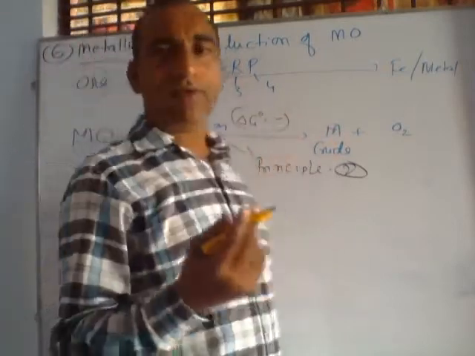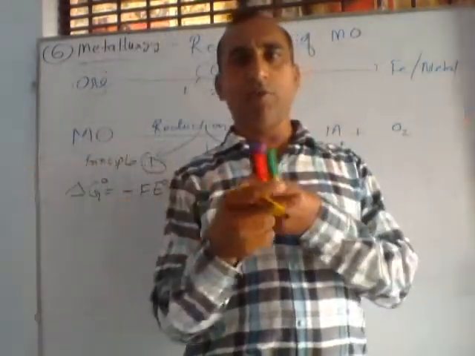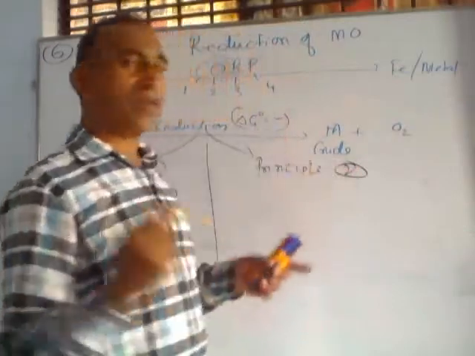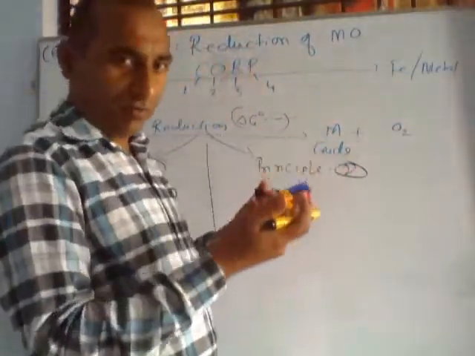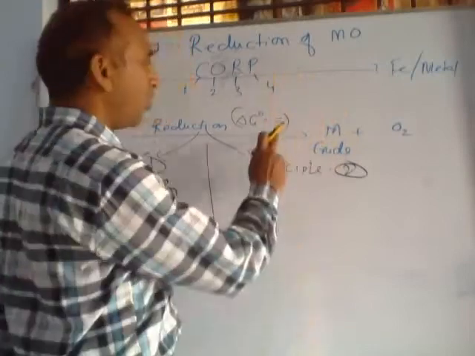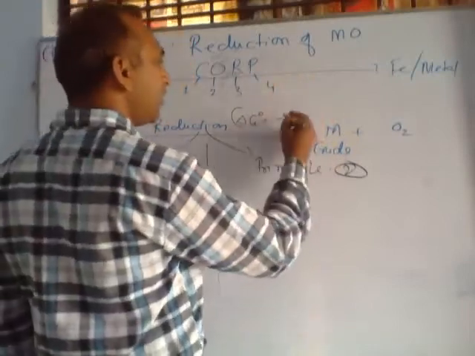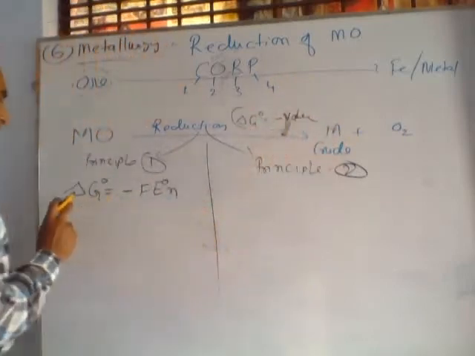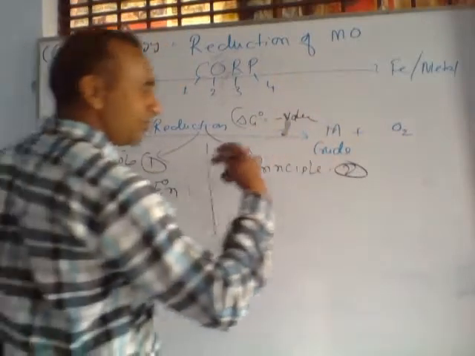We know if del G naught is 0, the reaction is in equilibrium; if it is positive, the reaction becomes reverse; if it is negative, it will be in the forward direction. So we want the forward direction, we want to obtain metal. To obtain a negative del G naught value, there is this one formula, otherwise we use a second formula.